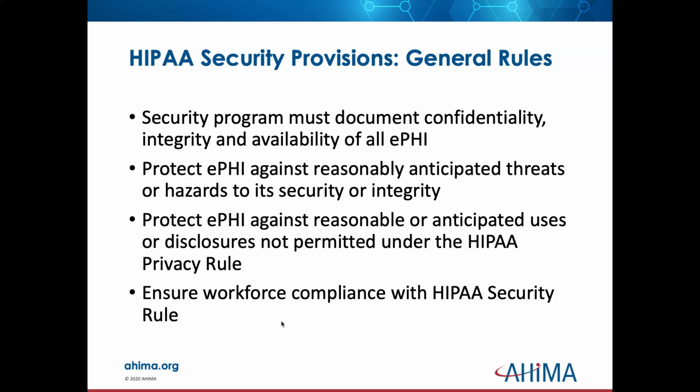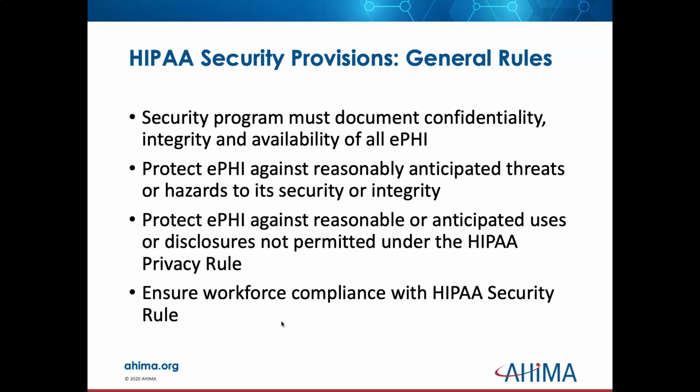So some general rules when you're talking about HIPAA security. Your program has to document confidentiality, integrity, and availability of all ePHI, all electronic PHI. I mean, you still have to protect paper records, microfilm, microfiche records, videos, films, all those things. But really what they're focusing on here with the security provisions, for the most part, is going to be electronic PHI.